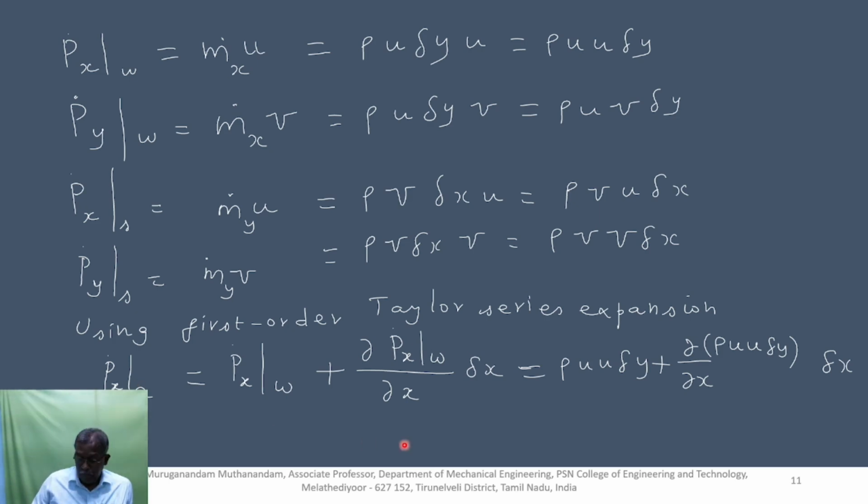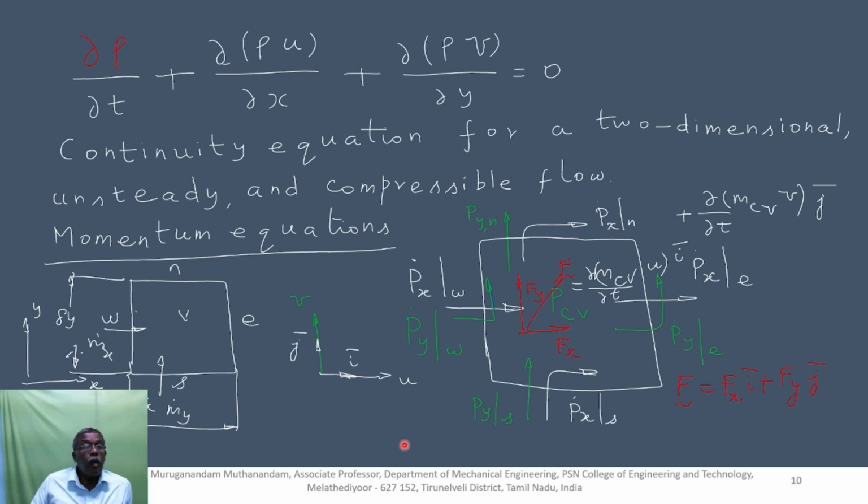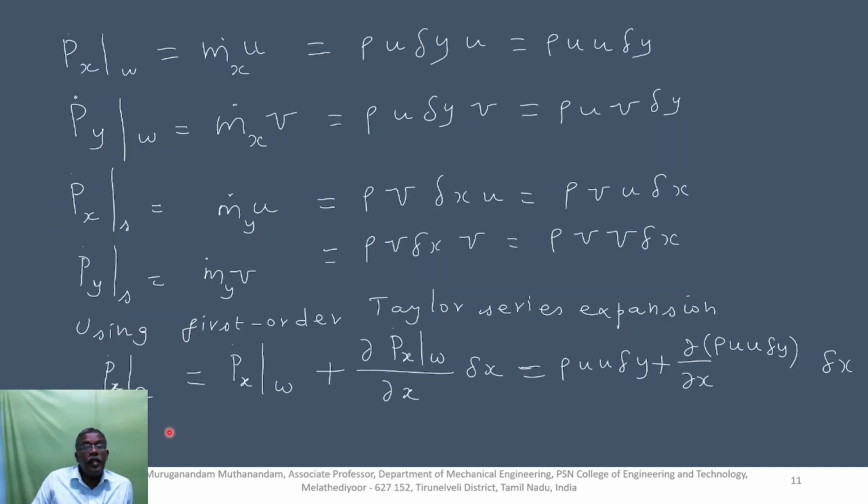For example, the momentum flow along the x direction in the east wall, shown by white colored characters, P dot x E, is equal to P dot x W, the momentum flow along the x direction in the west wall, plus the change of momentum with respect to change of x multiplied by delta x. That is the first order Taylor series expansion.